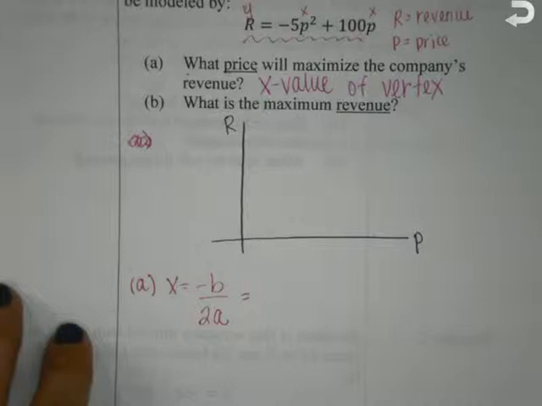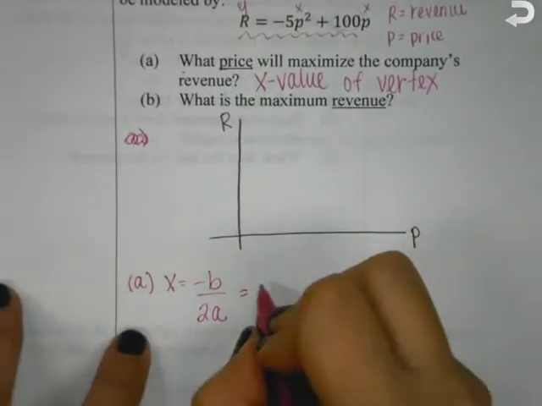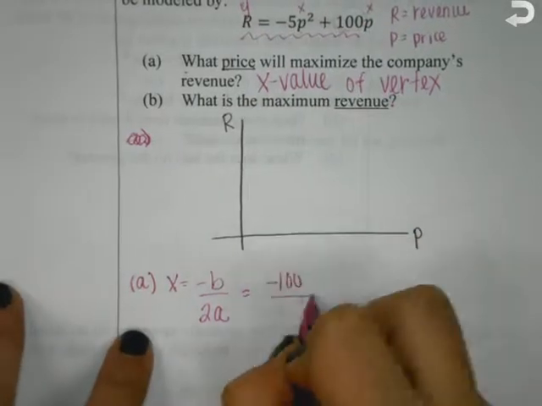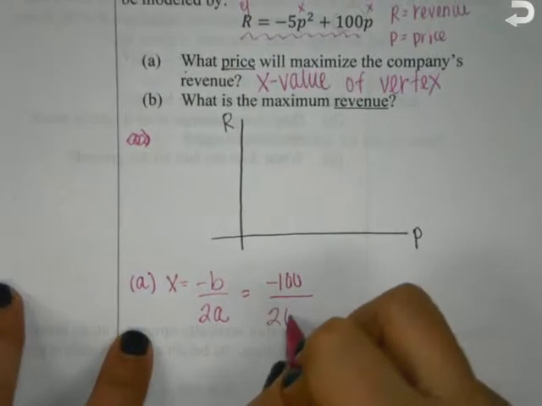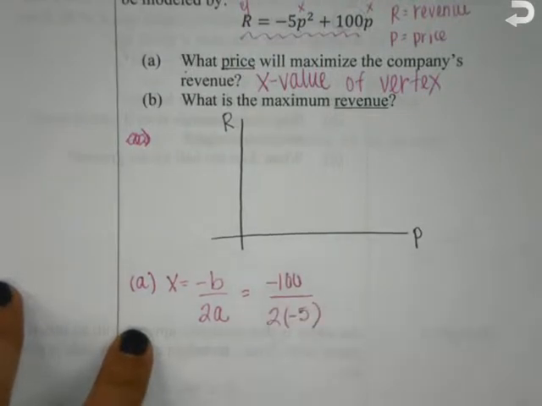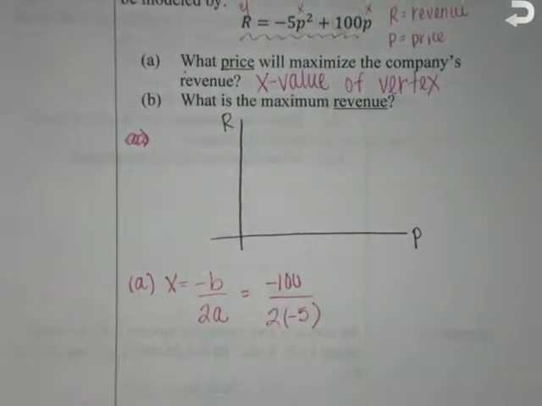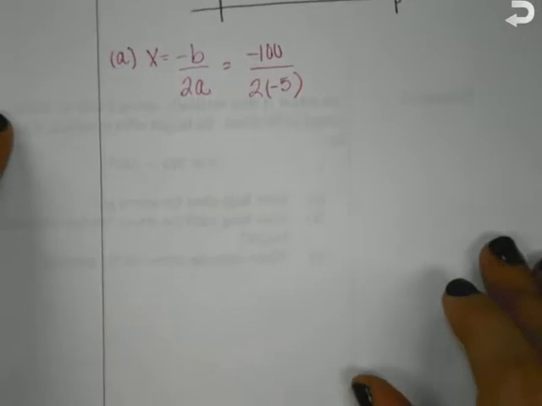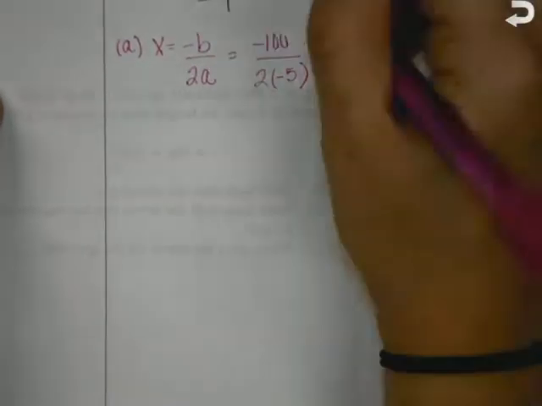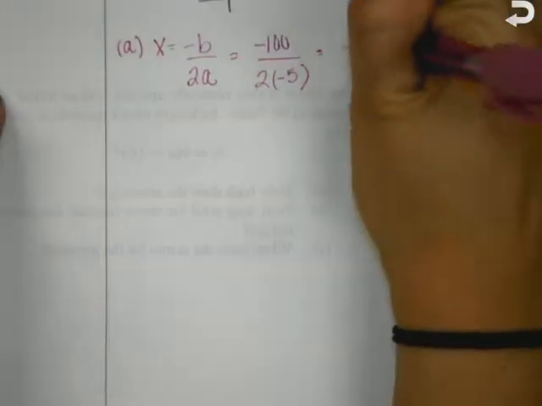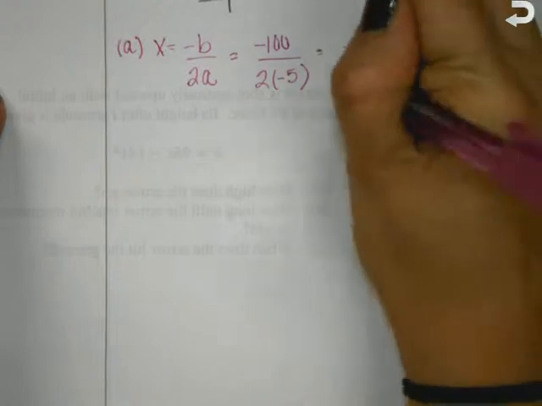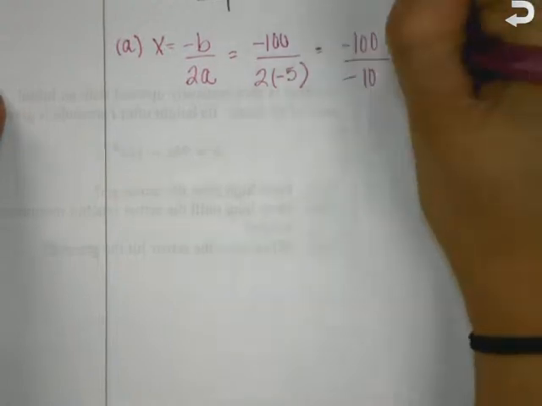100. So, negative 100 over 2 times negative 5. So that's going to give me negative 100 over negative 10. So my x value is positive 10.